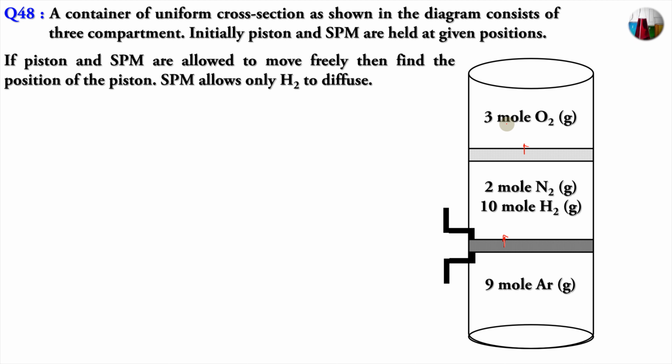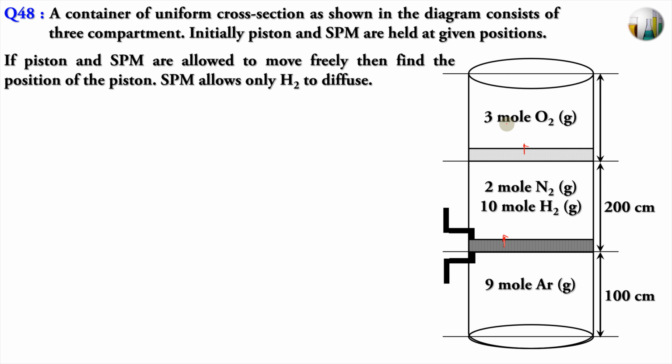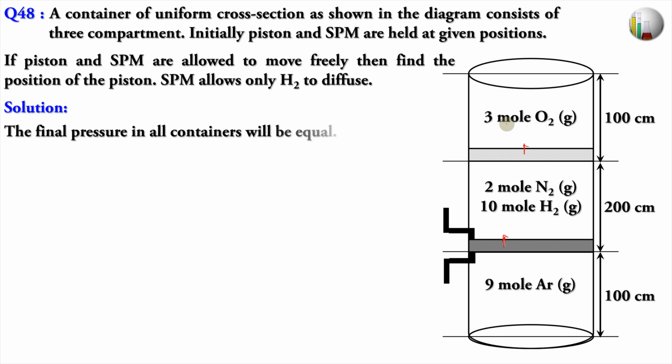So if piston and SPM are allowed to move, find the position of the piston. SPM only allows hydrogen. The distances given are 100, 200, and 100 again. Solution: the final pressure in all containers will be equal, because both are movable.